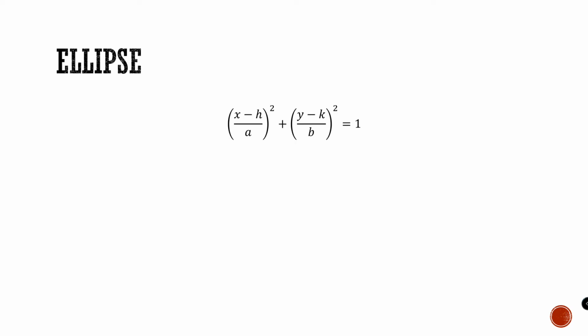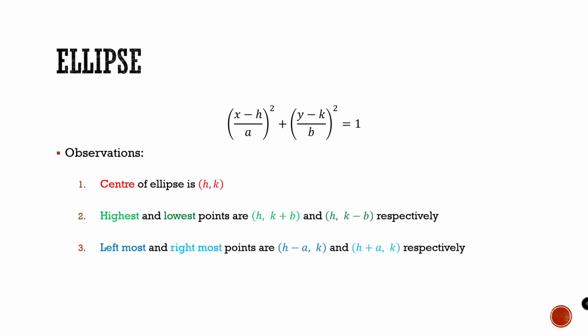Of course, there is another way, simply by memorizing. We observe that the center of the ellipse, if your equation looks like this, the center is (h, k). The highest and lowest point is this. We can try to explain: the highest and lowest point is where you want to find the maximum and minimum value for y. To do that, I need to make sure that this term becomes 0. Why?